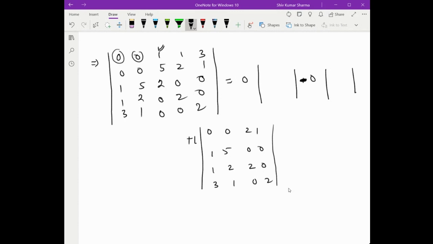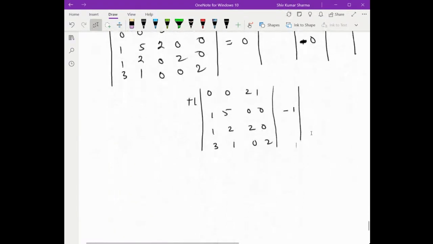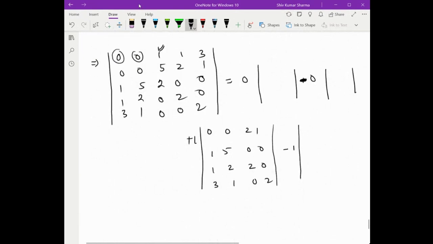Okay, this is for this one, and next is minus, because we use this sign pattern, plus minus plus minus plus. For this element, we do not use this column and this row.